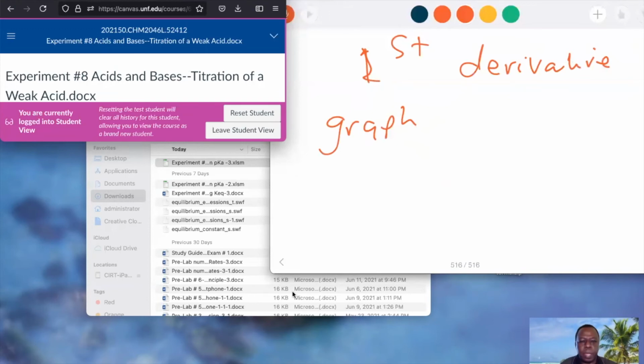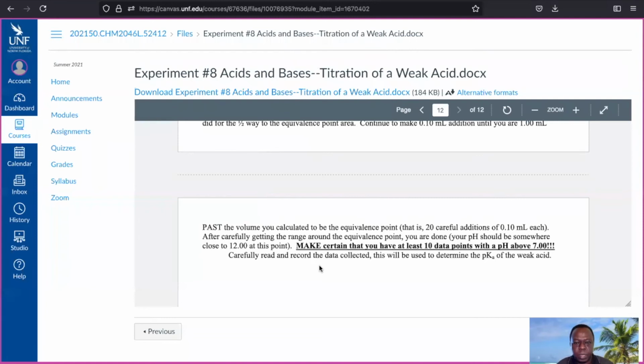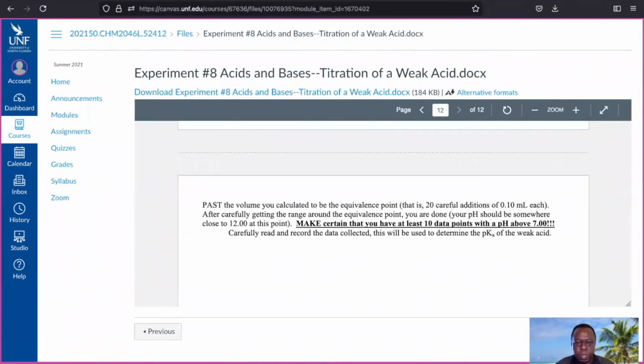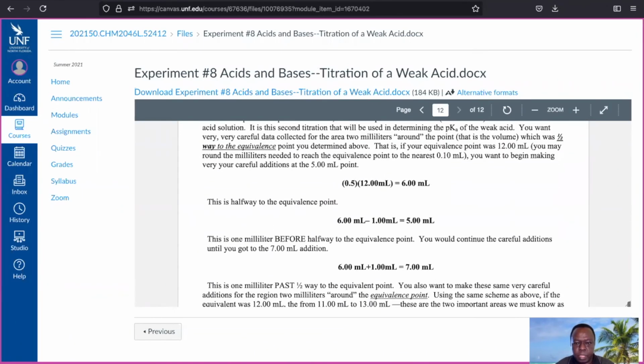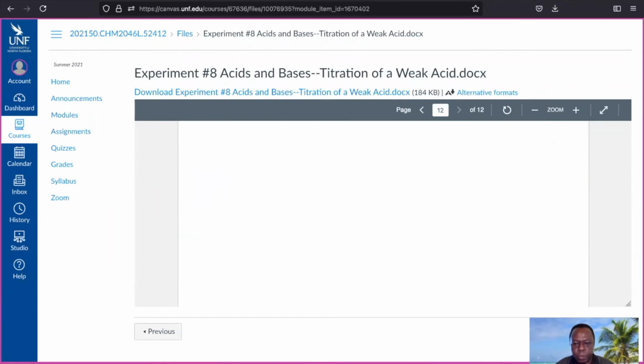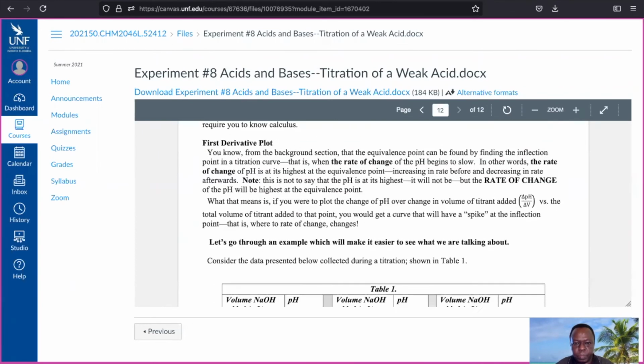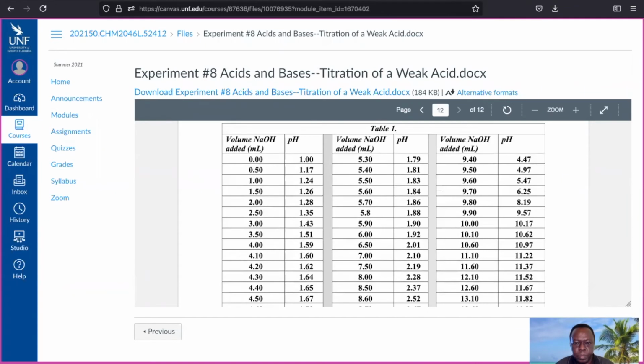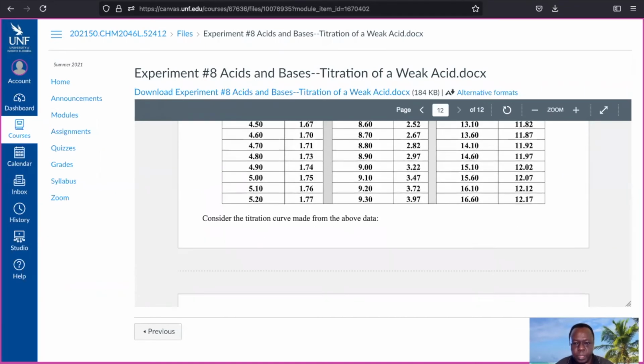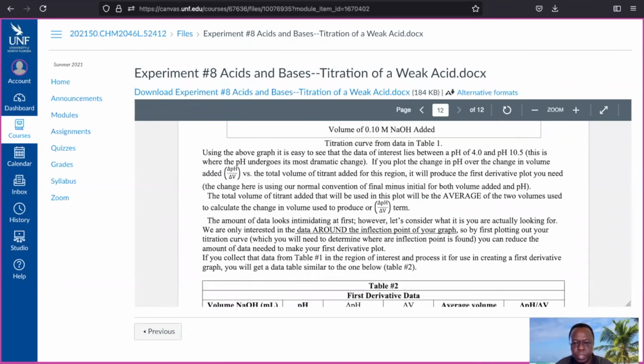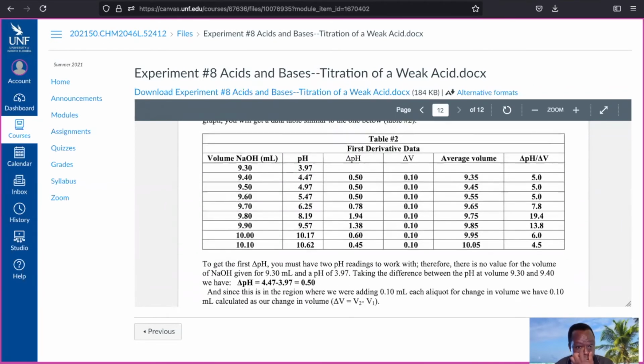So what will happen here is you'll have the graph for having that. Let's see. To make this graph, you'll use this graph right here, which is coming from the volume of NaOH. This is the volume of NaOH for the first derivative.